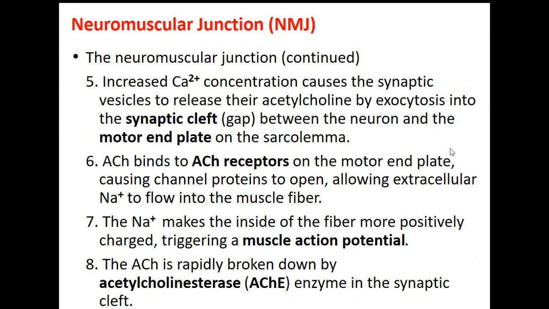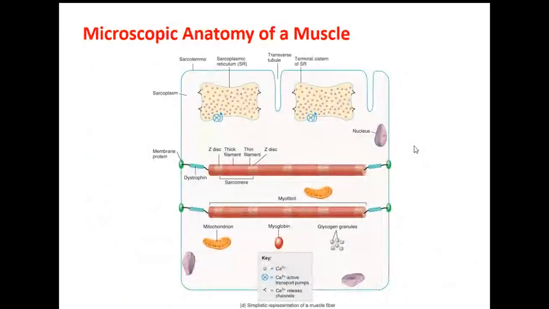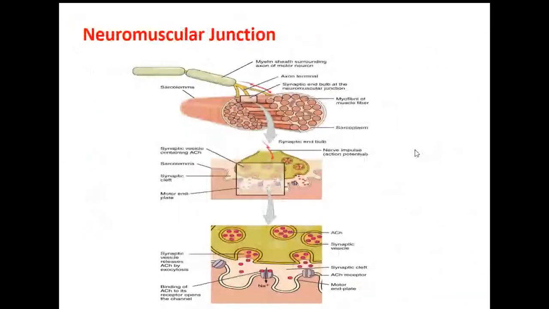The acetylcholine is rapidly broken down. There's an enzyme there at the neuromuscular junction. The acetylcholine neurotransmitter molecules that are being released here don't just accumulate or stay there forever.